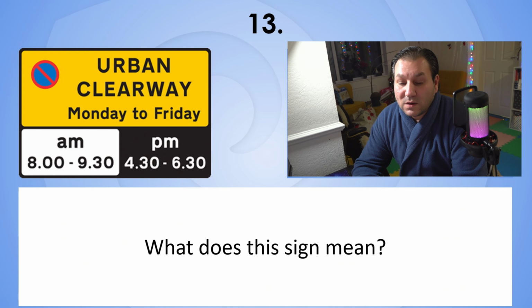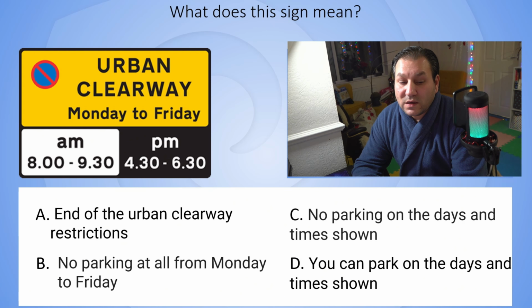13. What does this sign mean? A. End of the urban clearway restrictions. B. No parking at all from Monday to Friday. C. No parking on the days and times shown. Or D. You can park on the days and times shown.